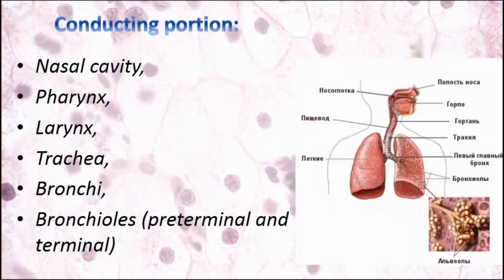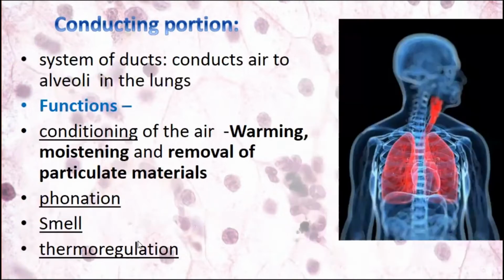The conducting portion includes the nasal cavity, pharynx, larynx, trachea, bronchi, bronchioles, and preterminal and terminal bronchioles. All those structures, the nasal cavity, pharynx, larynx, trachea, extra- and intrapulmonary bronchi, and bronchioles, conduct air, and air gets to the respiratory portion via them.